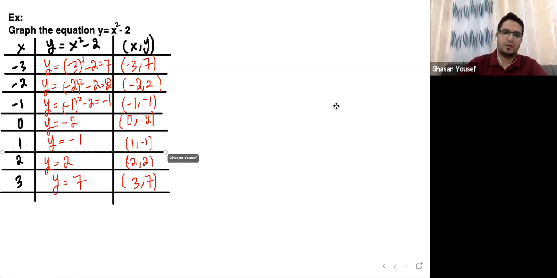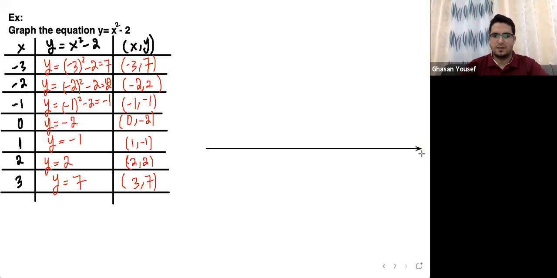Okay, now to graph this equation, we have to draw the Cartesian plane, the x-axis and the y-axis. So something like this. Now, the first point is 0 and minus 2, so it will be around here.